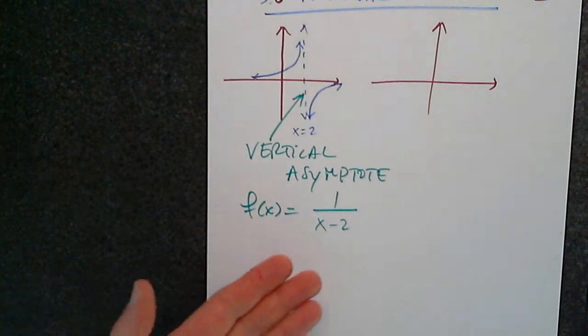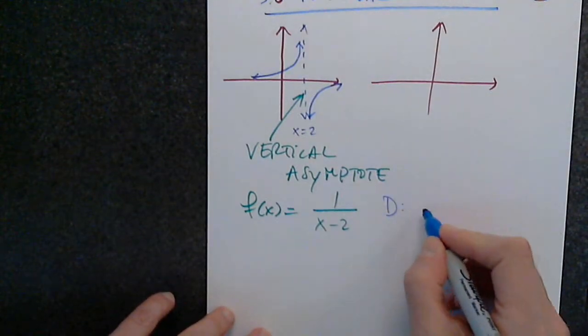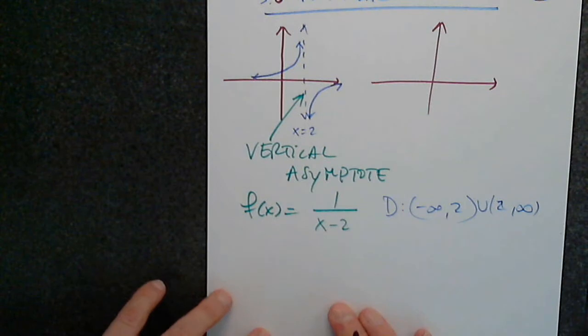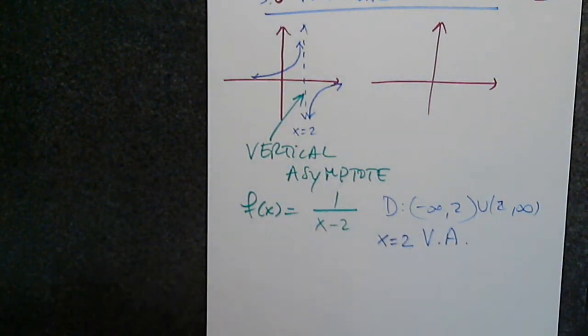Can anyone give us the domain of this function? Because it can't be 2, it has to be negative infinity comma 2, and then 2 comma positive infinity. Therefore, x equals 2 is a VA, vertical asymptote.